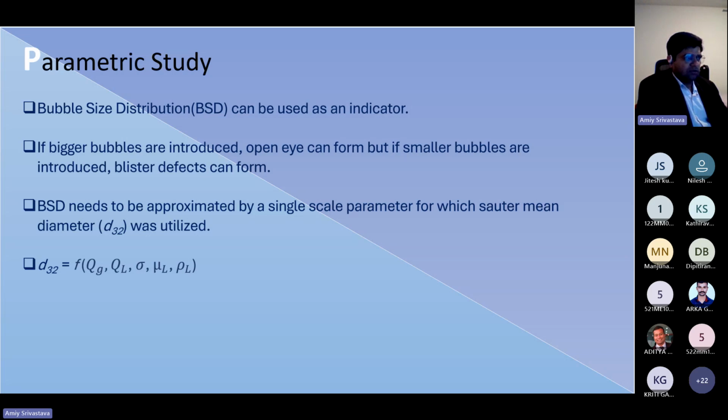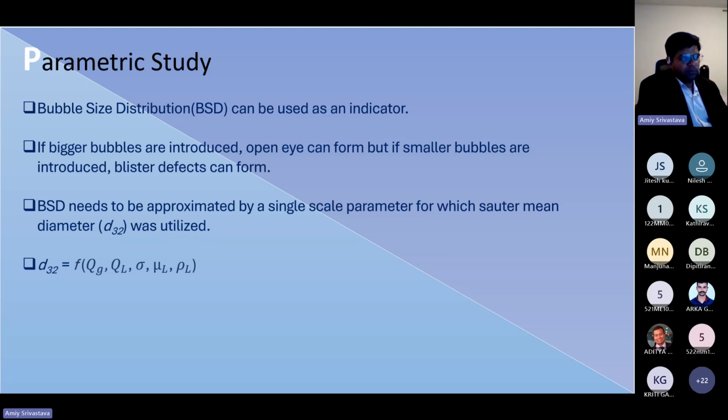You can find out the definition of Sauter mean diameter and why we use it. All the researchers in this field are using Sauter mean diameter. They are not using just average diameter because Sauter mean diameter gives a better idea of the process in terms of bubble diameter. So this bubble diameter is a function of gas flow rate, liquid flow rate, surface tension of the liquid, viscosity of the liquid, and density of the liquid.